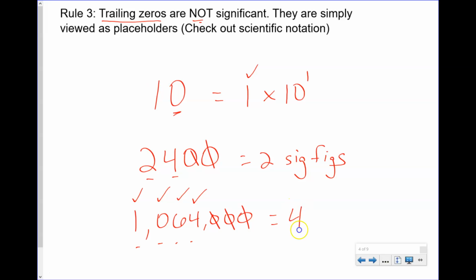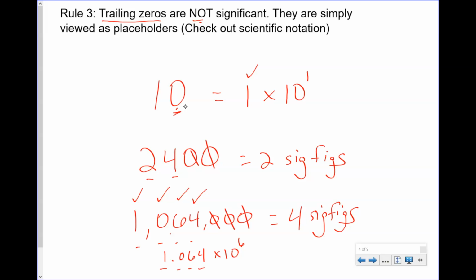So this number would have 4 sig figs. And if we were to rewrite that in scientific notation, it would be 1.064 times 10 to the 6th. And there is your 1, 2, 3, 4 sig figs. So trailing zeros are not significant if they're at the end of the whole number.